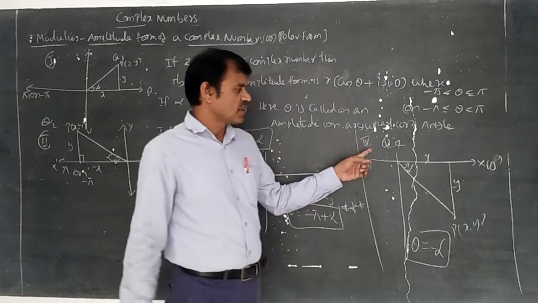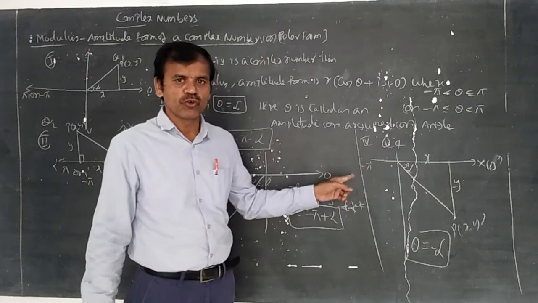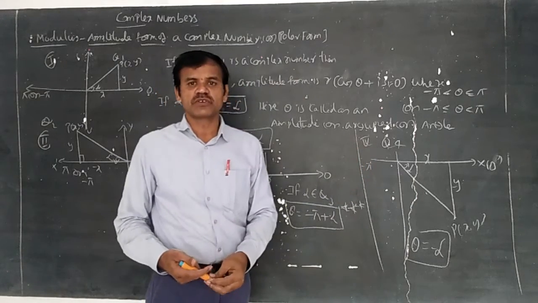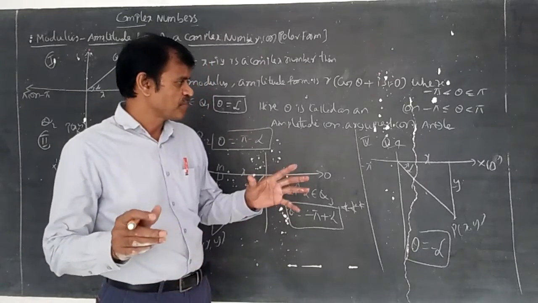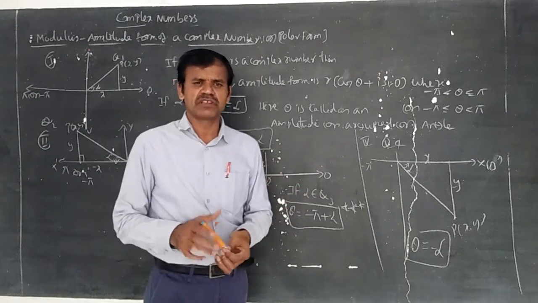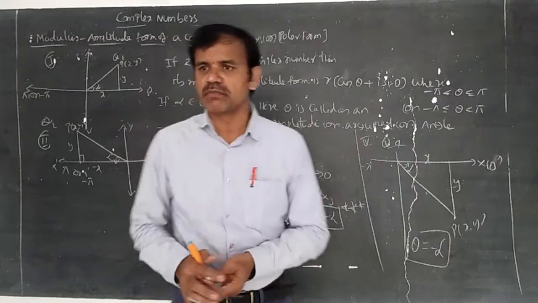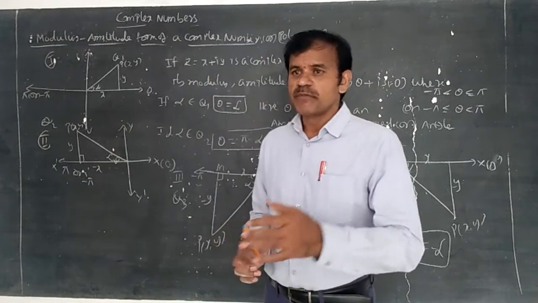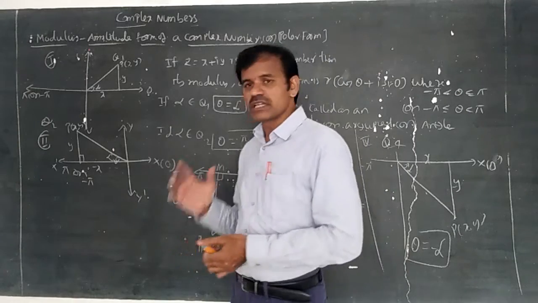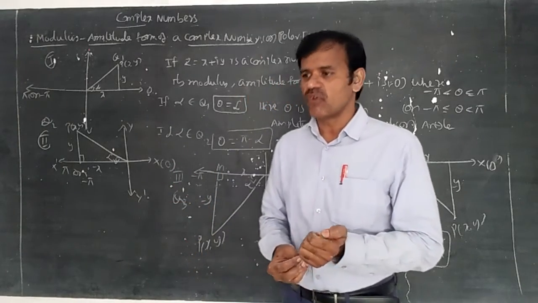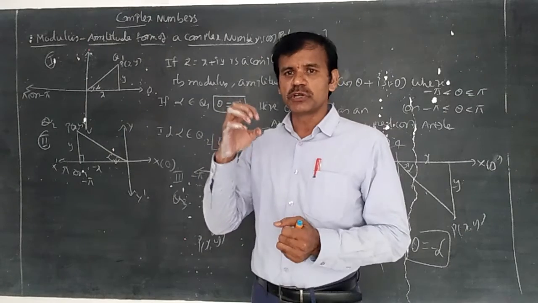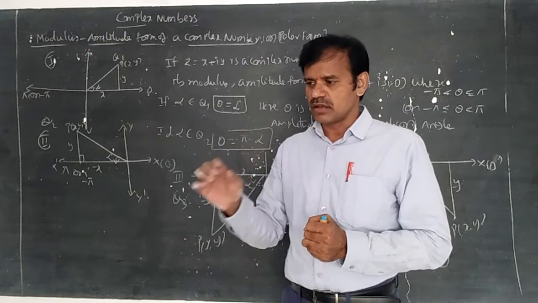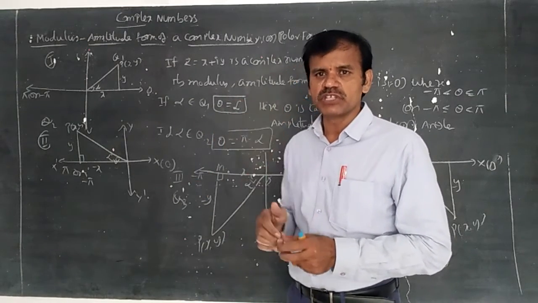If the angle alpha is in Q4, then you can mention that theta is equal to minus alpha. This is the most important concept. Every student gets confused. That is why I am spending much time, so that you can understand that while transforming the complex number into modulus amplitude form, first of all you need to find in which quadrant the angle lies.